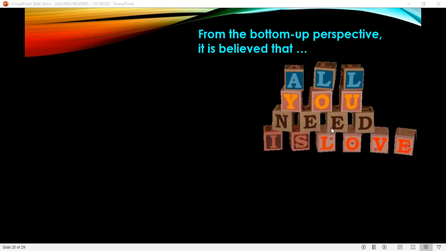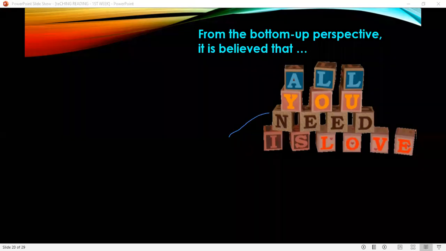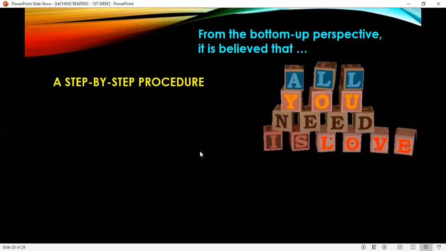Yeah, this is a sentence, okay? According to this view, this theory, the bottom up, the traditional way, you have to decode some written symbols. We are going to learn some sub skills hierarchically, step by step, as I told you. So what does it mean?